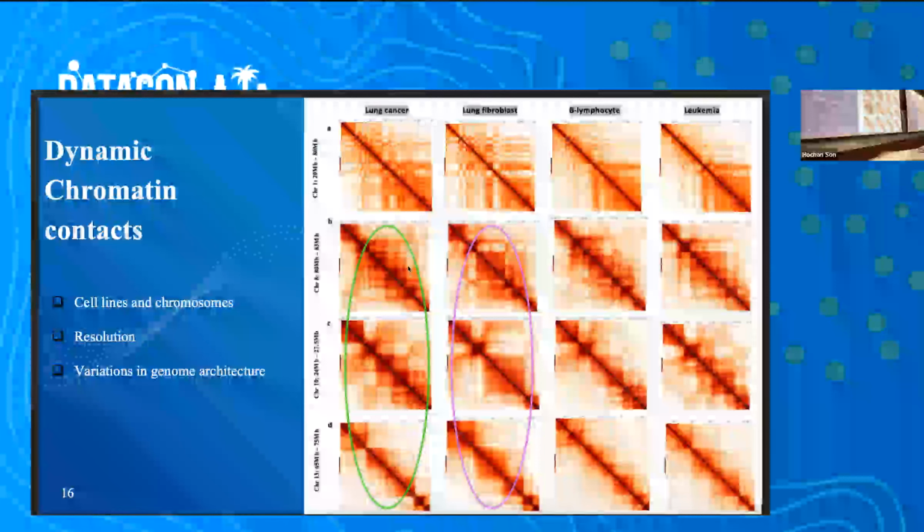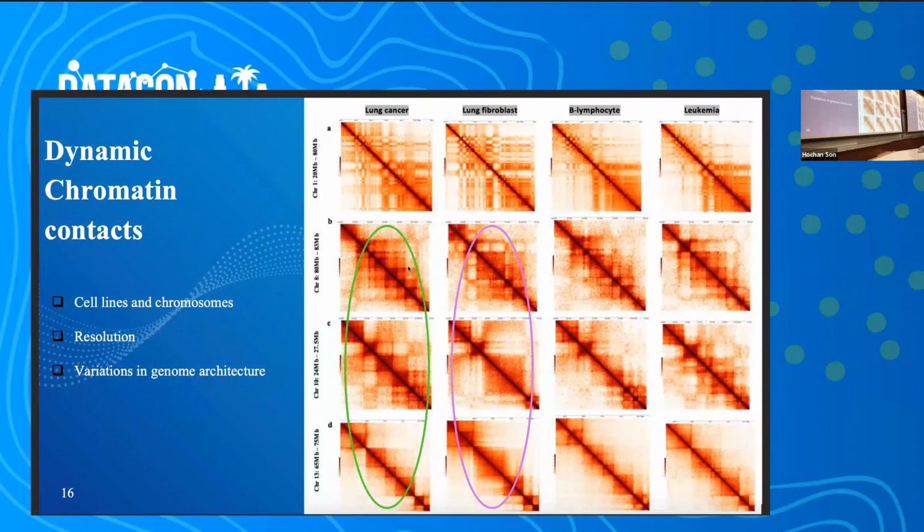In between the lung cancer and lung fibroblast cells, you can see some dynamic folding difference between these two cell lines. If you look at these particular chromosome locations, there is more folding activity, more intensity of the squares, more looping activity within the lung cancer cells versus the lung fibroblasts.